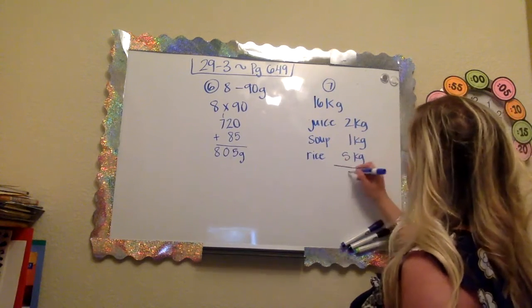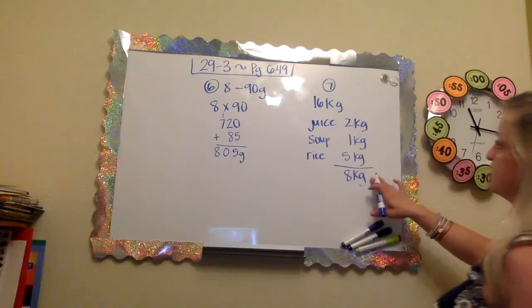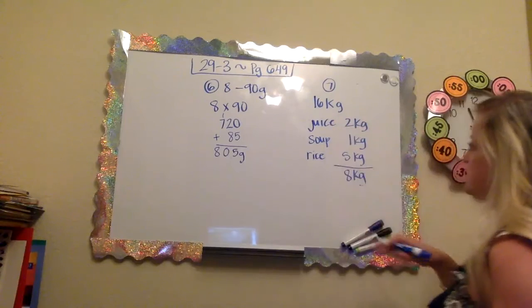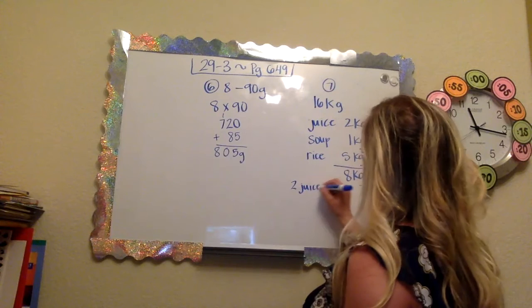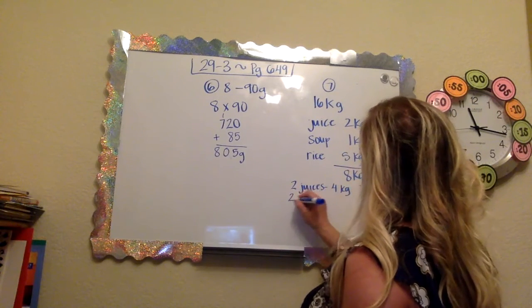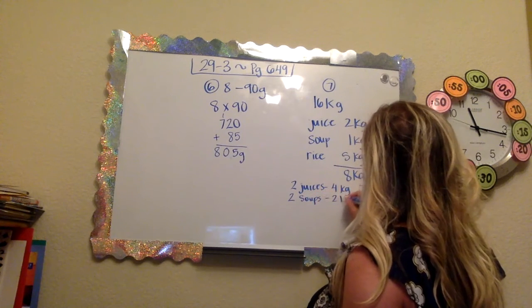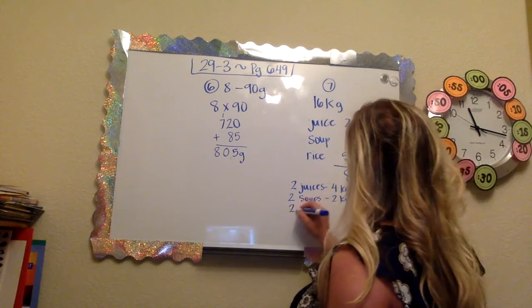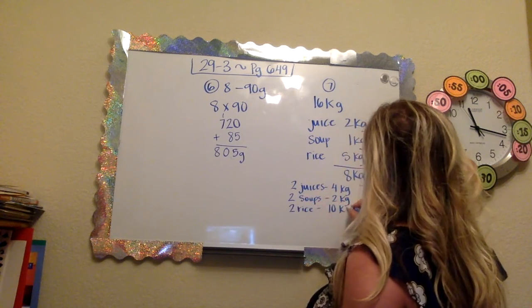So if I know that one of each of these is 8, 8 times 2 is 16, so I could have 2 juices, which is 4 kilograms. I could have 2 soups, which is 2 kilograms. And I could have 2 bags of rice at 10 kilograms.